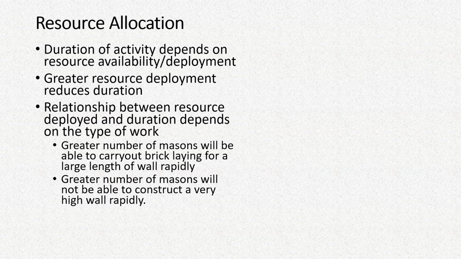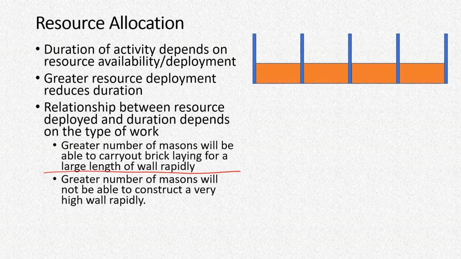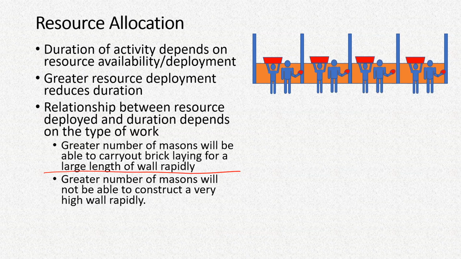For example, let's take the first example where we have a very long wall which is to be constructed. Now, if we only use a small number of laborers, they will be taking some time. But in this case, since work can be simultaneously carried out at different sections of the wall, we can employ a large number of people and speed up the whole process.